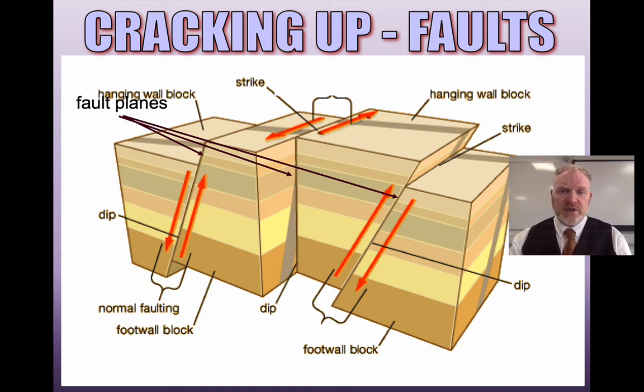The second type of faulting we need to be able to recognise is what we call reverse faulting. Reverse faulting is the result of compressional stress that pushes rock together. You'll notice that both of those two types of faulting have vertical movement.